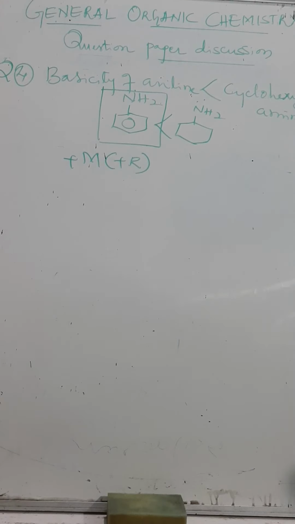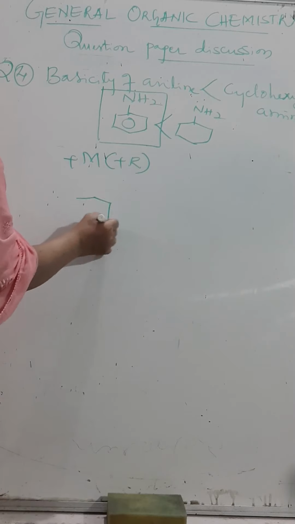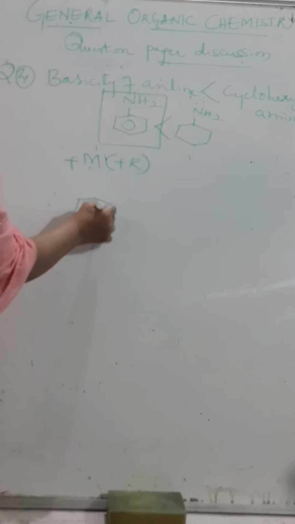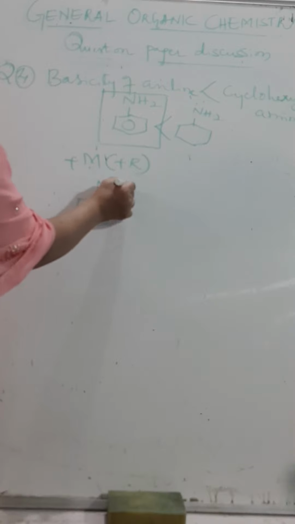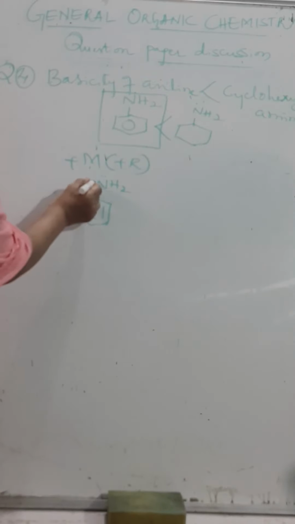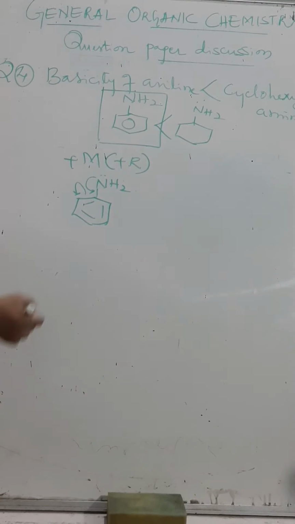In case of aniline, the lone pair of electrons present on nitrogen will undergo resonance with the benzene ring. Do you remember? Pi electrons are going to move around the benzene. The NH2 group is a donor group.